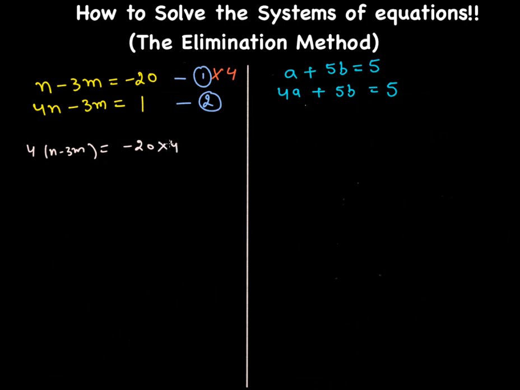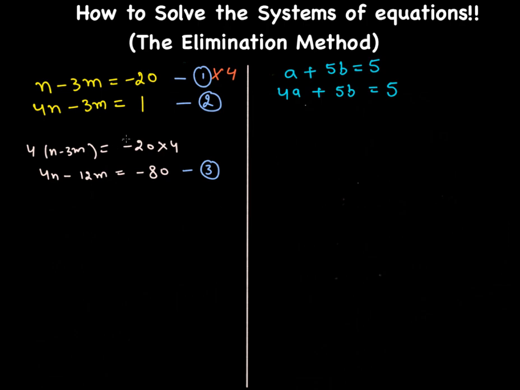Again, be very careful when you're multiplying: you multiply both sides. So this gives me 4n minus 12m is equal to negative 80. I'm going to name this equation number 3.